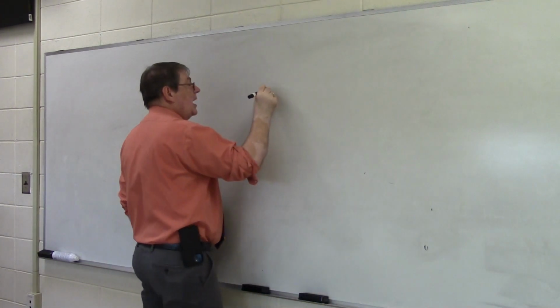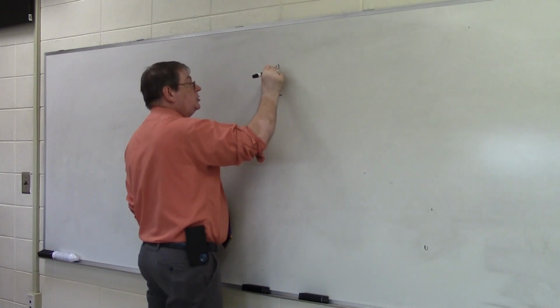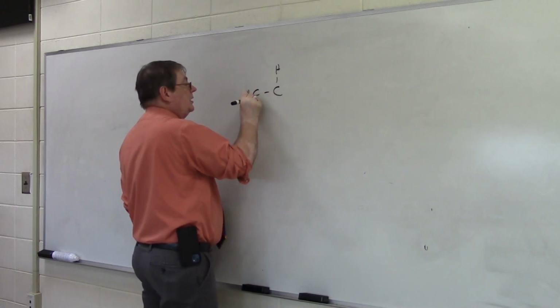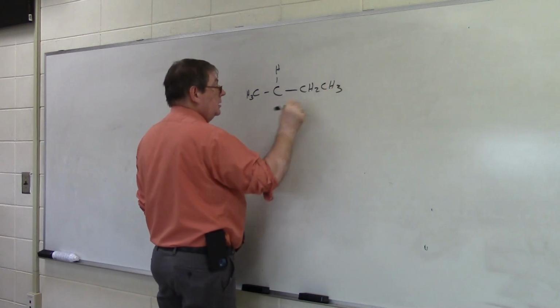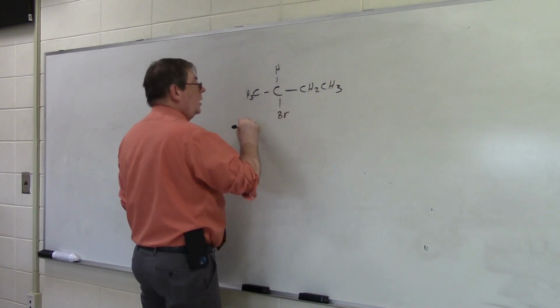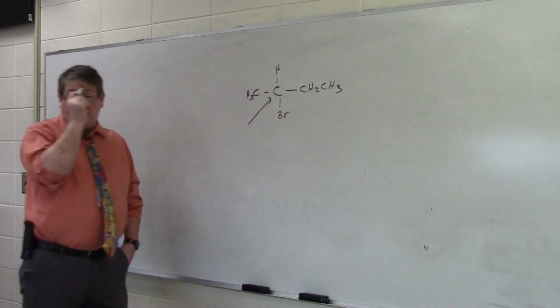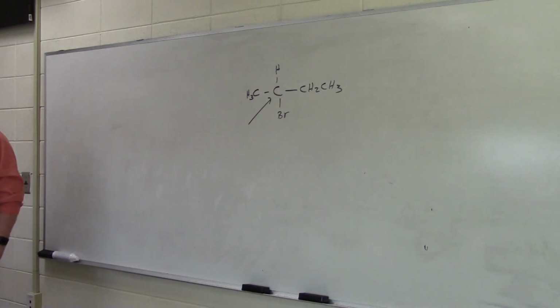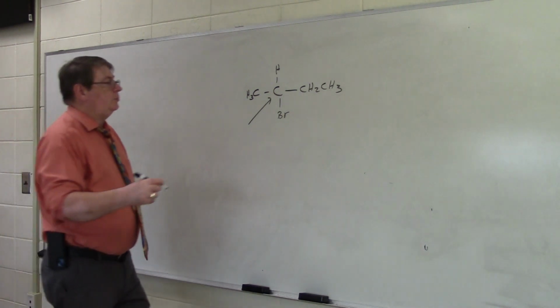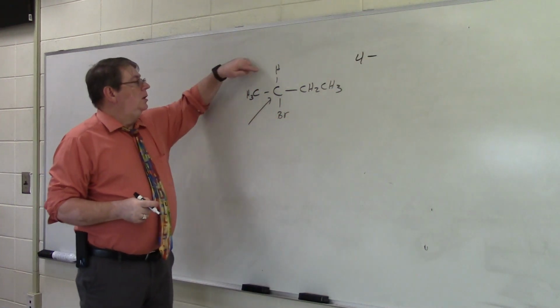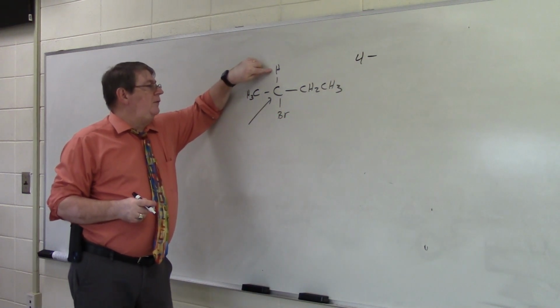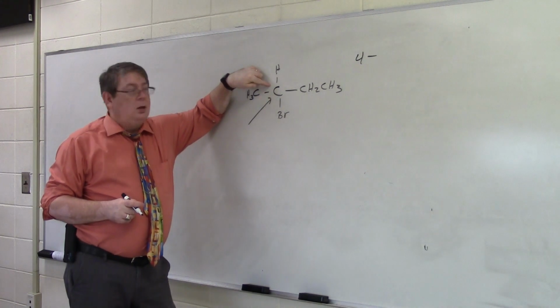So let's suppose I have CH3, CH2, CH3, bromine. And I want to know the oxidation state of that carbon. I know it comes in with how many electrons? 4. And I'm going to subtract from it those that I'm going to assign to it. What's more electronegative, hydrogen or carbon? Carbon.